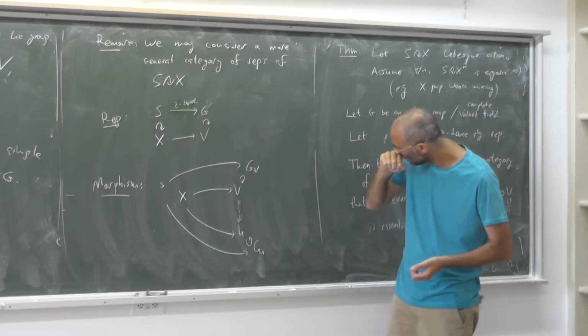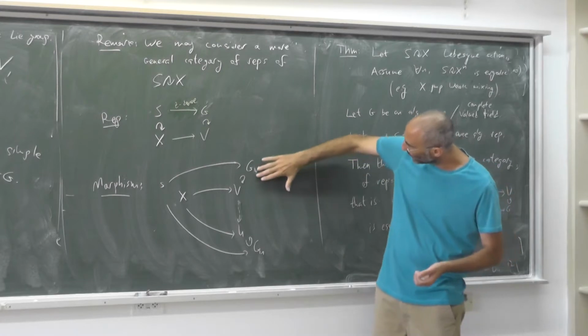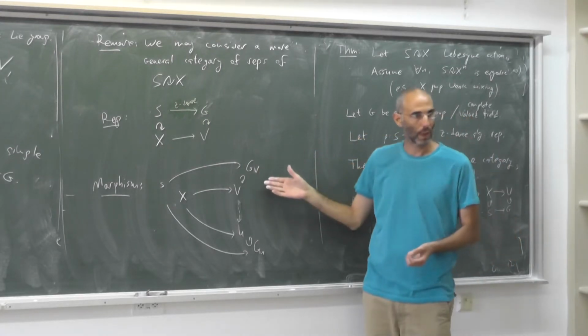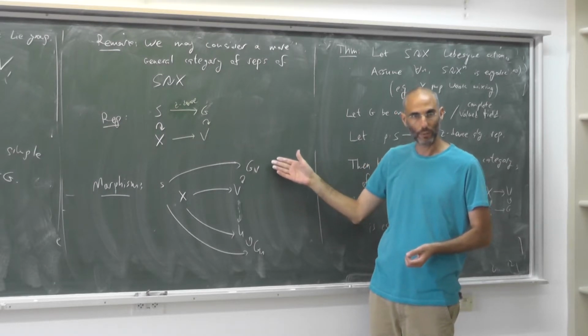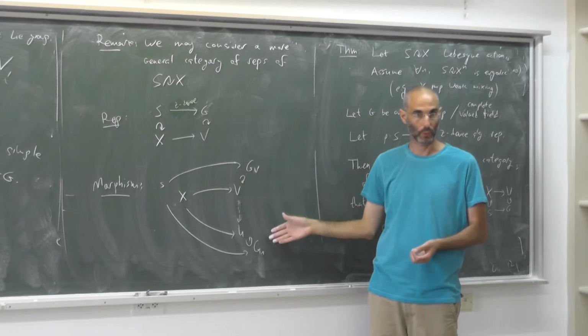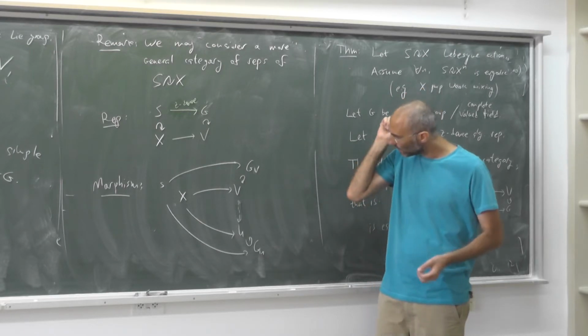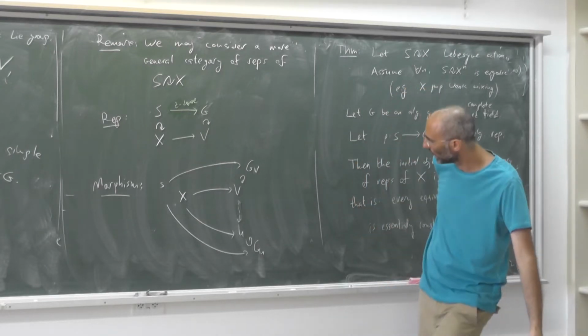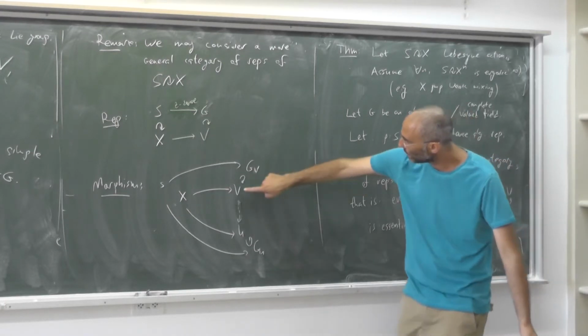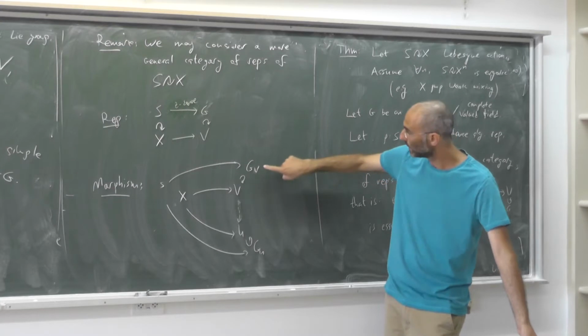Now I want to say that naturally you're probably guessing that part of the data that I will define morphism with will be an algebraic homomorphism between these groups.